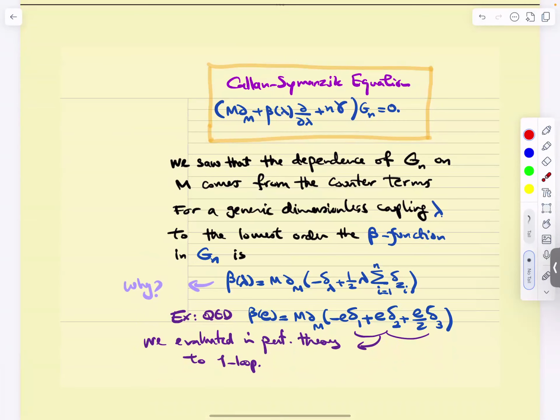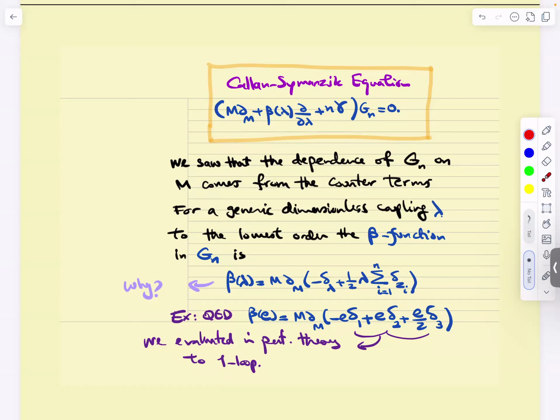Then we took the Callan-Symanzik equation and tried to evaluate it in renormalized perturbation theory for lambda phi 4, and more generally for some theory with a massless mode with a renormalizable action with some sort of vertex of G2 power of N. And then we saw schematically how it will look.